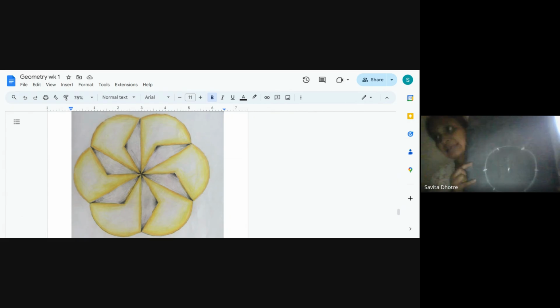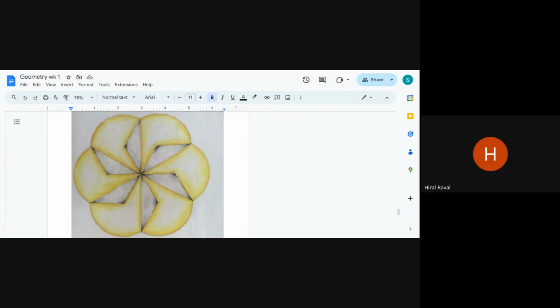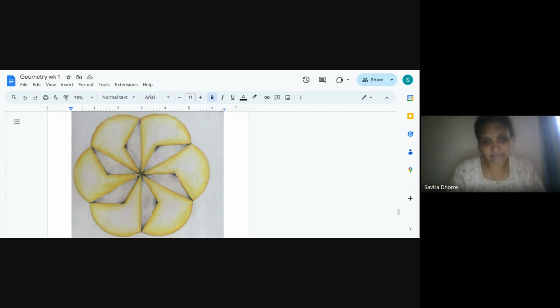Make a circle as big as 6 centimeters. Okay, and from every point, from all 6 points, make a circle. So you'll get 7 circles here. From every point, we'll prepare the same measurement circles, that is 6 centimeter. Okay.